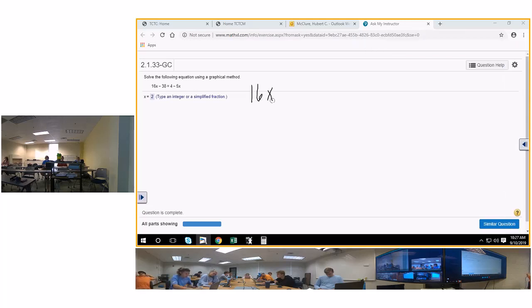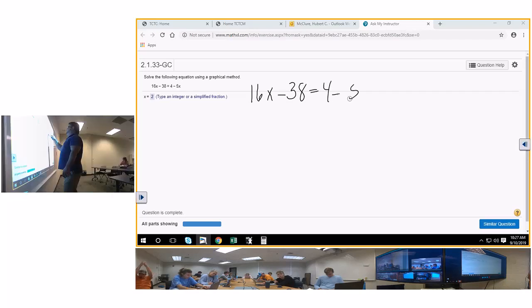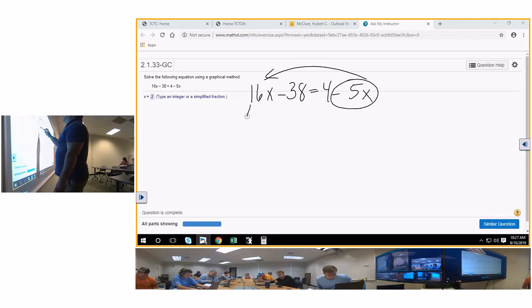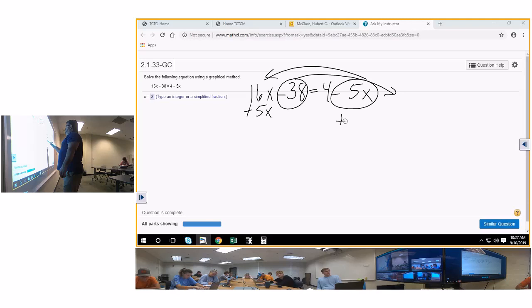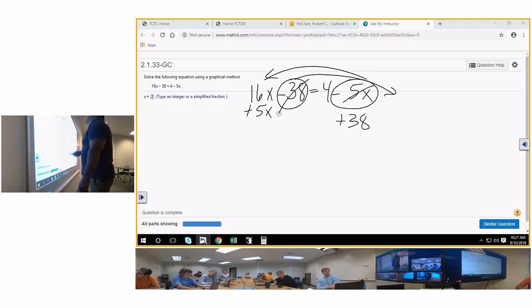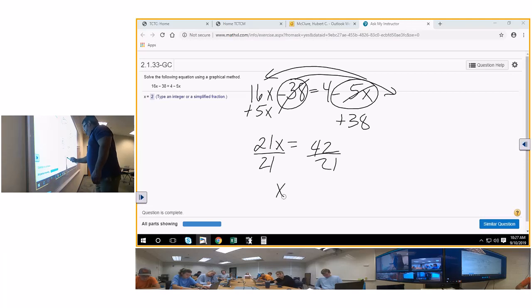There you go. Minus 38 equals 4 minus 5x. I'm going to bring the 5x across the river. Take 38 across the river. That's going to leave me with 21x is equal to what? 42. Divide by 21. X is equal to 2.